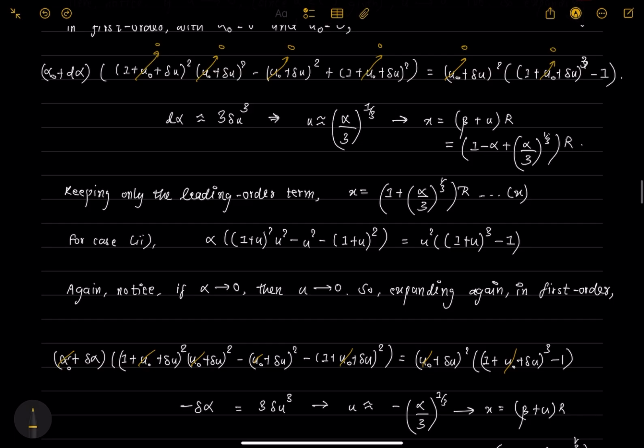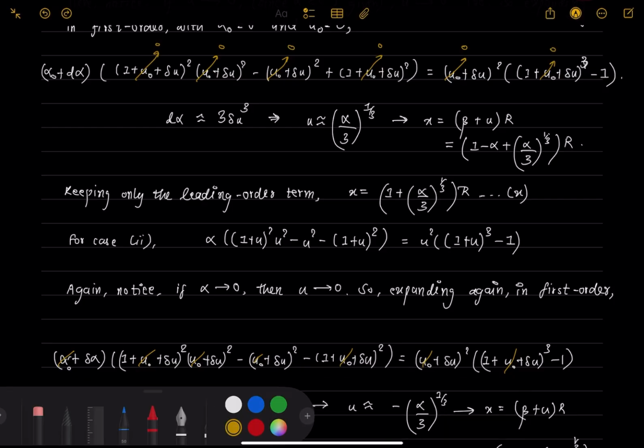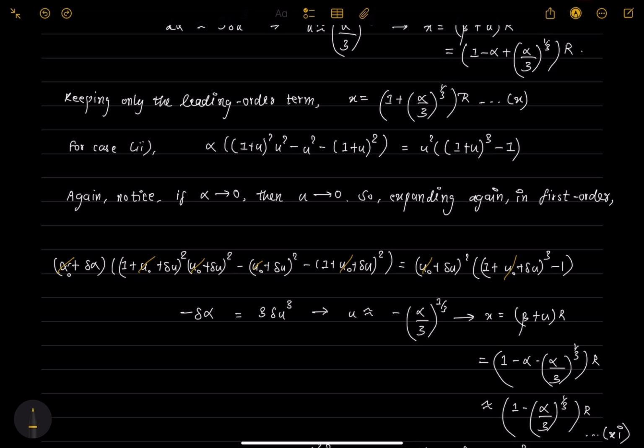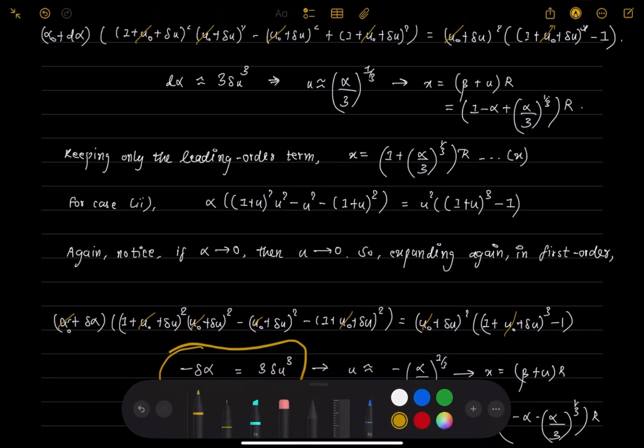And even here we shall notice that as alpha approaches 0, u approaches 0. So we again expand near alpha and u both being 0, right? Expanding again in first order, we obtain something like this, and this time it's almost identical to what we obtained previously, the only difference being a small negative sign.